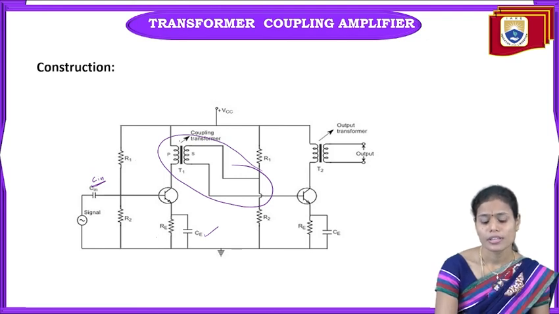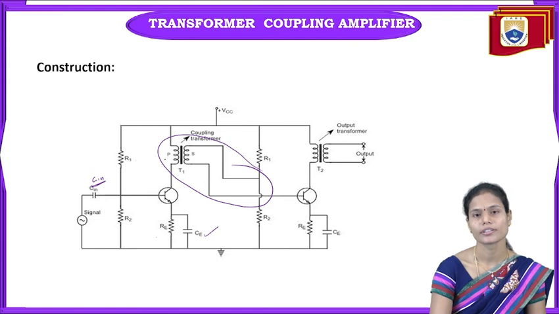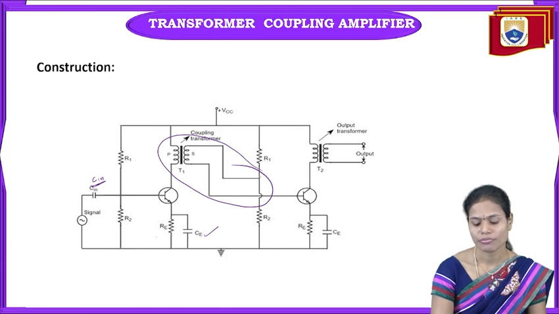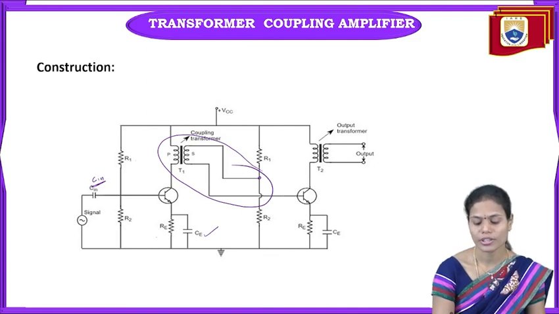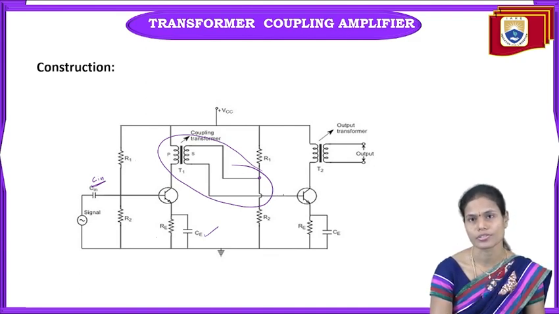Why? Because the primary winding of the transformer will provide sufficient resistance for the collector region of the transistor. One end of the secondary winding is connected to the potential divider circuit, and the other end is connected to the base of the next stage.